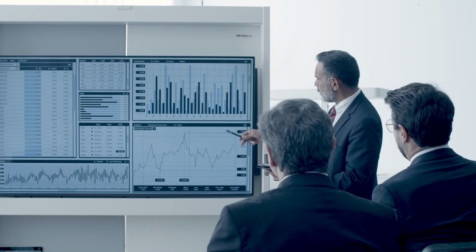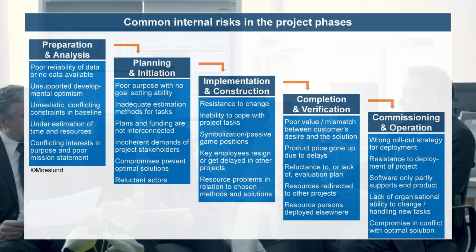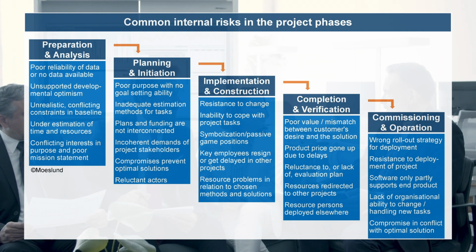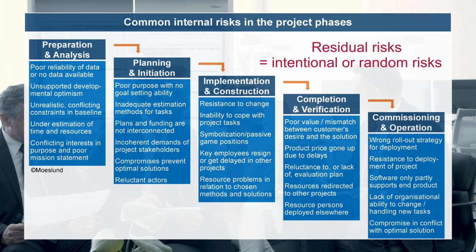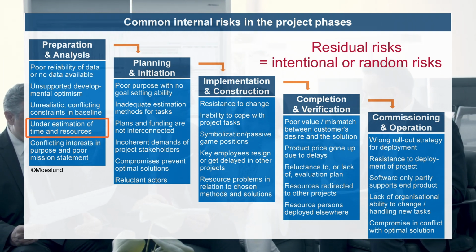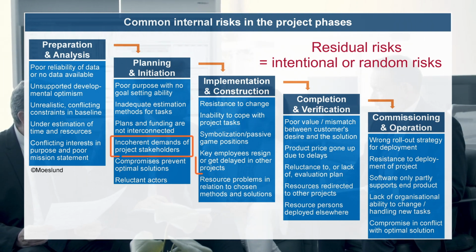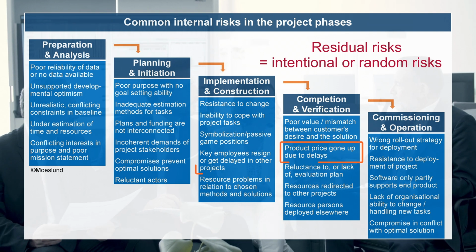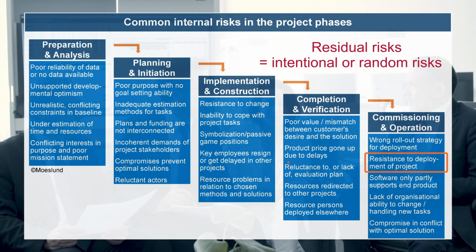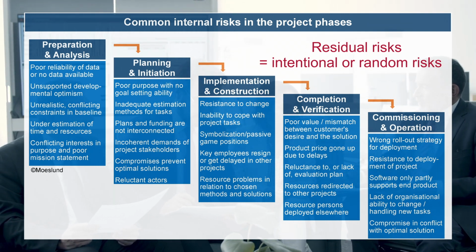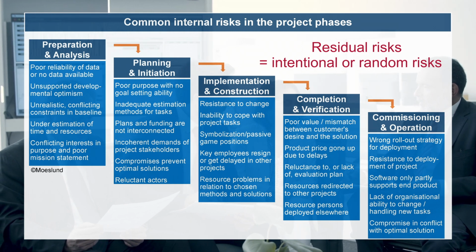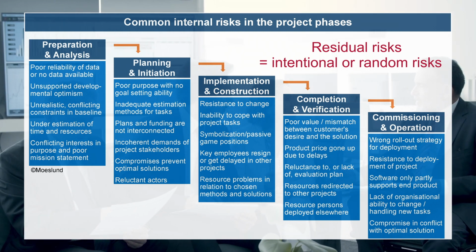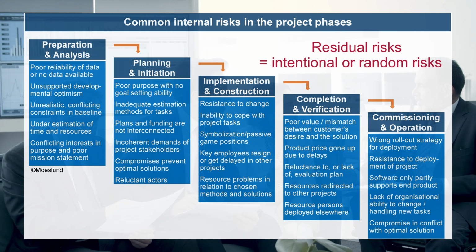The residual risks are not directly part of the design of the host organization serving the project, but may nevertheless occur. These are intentional and random risks, and you should ask yourself what unintended critical events could occur. It's whether estimations turn out to be unrealistic, whether key employees may resign, whether delays occur due to internal workflow changing, and so on.